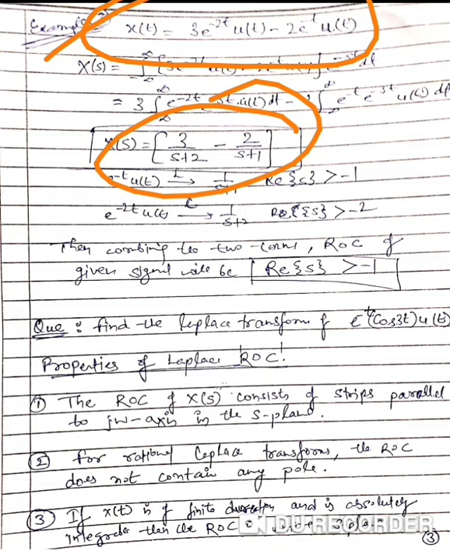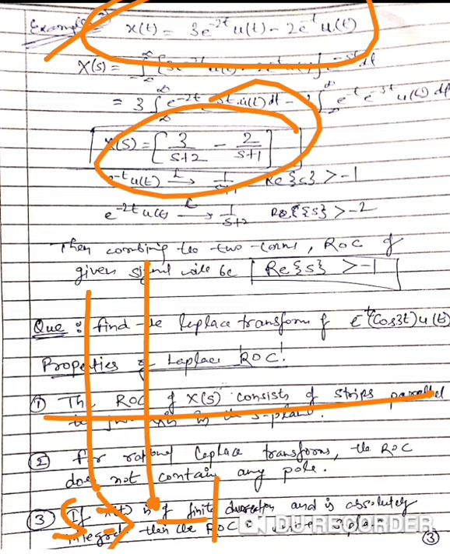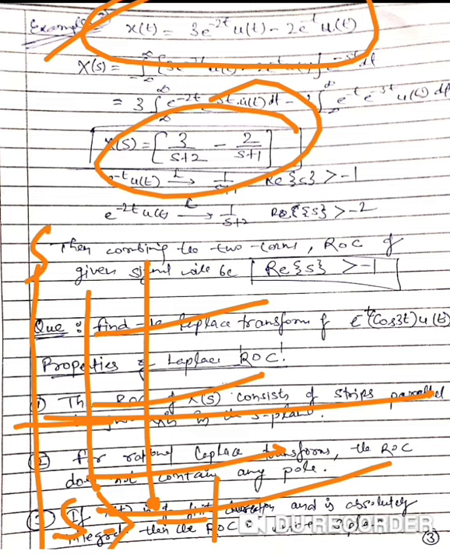That is, for the first signal e^(-t) u(t), the ROC is s greater than minus 1, that is this part, and for the second term we have s greater than minus 2.